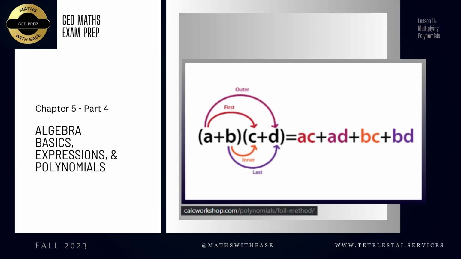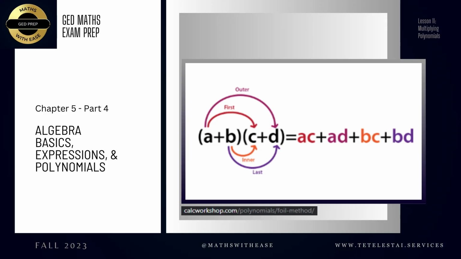Then we go to our inner terms. So the terms that are inside the entire expression, if you will, right? So that would be B times C, which gives you BC.